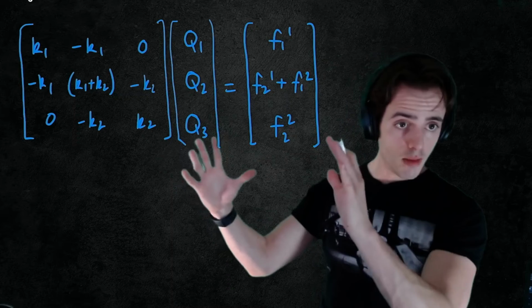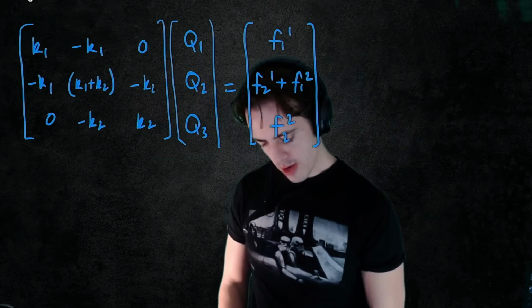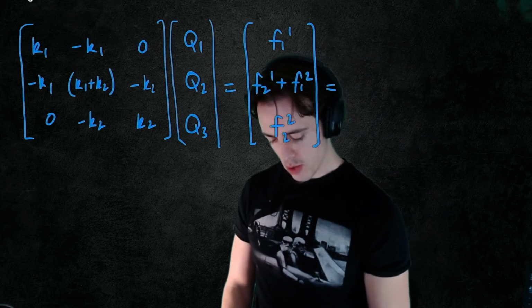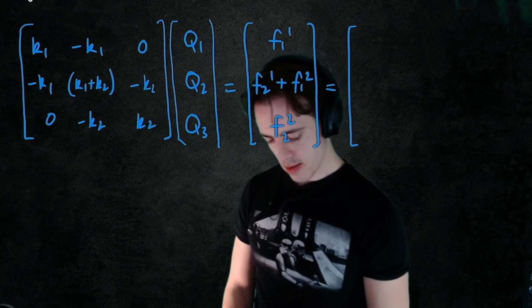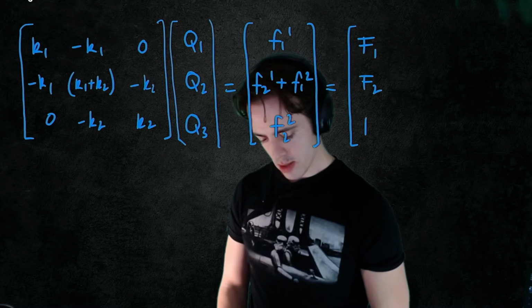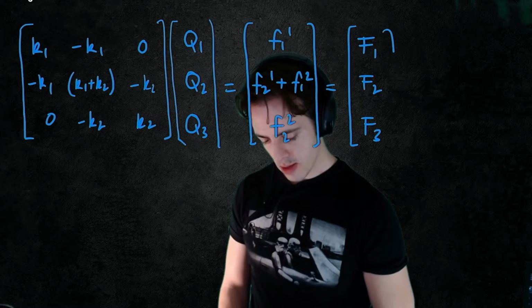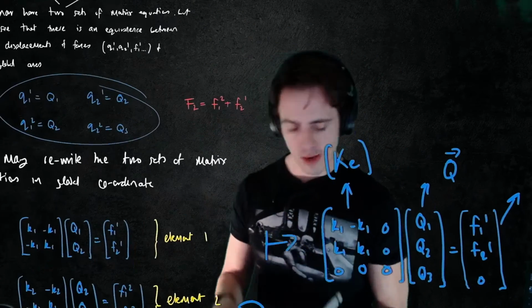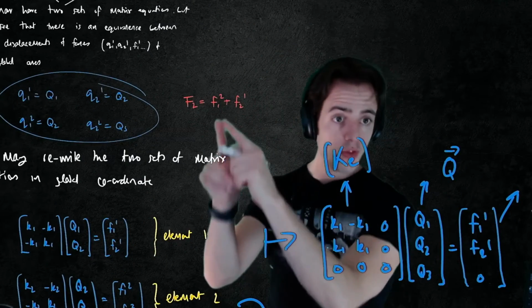Okay, so we've got this problem here. Let's just rewrite this right-hand side. Since this is the total forces on the nodes, we could rewrite this as F1, F2, and F3. And in fact, we could have done this earlier when I wrote down here F2 is equal to F12 plus F22.